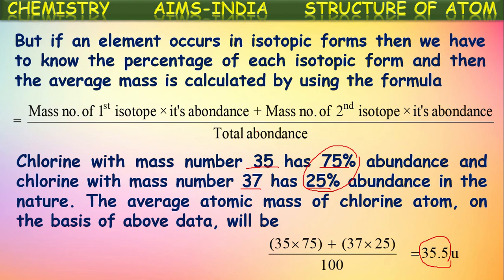That is why the mass number of the isotope which exists in large quantity is taken directly as its atomic weight, 1. If there is more than one isotope with a considerable amount of abundance, then we have to calculate its atomic weight by using this formula.